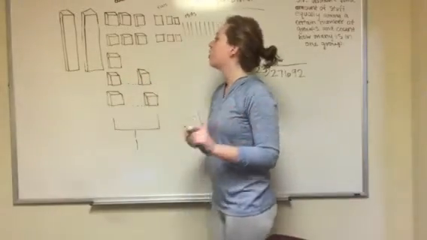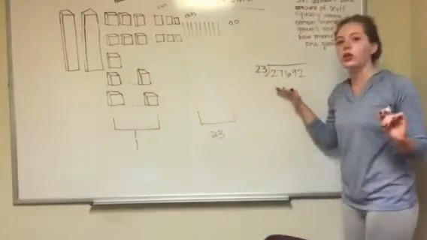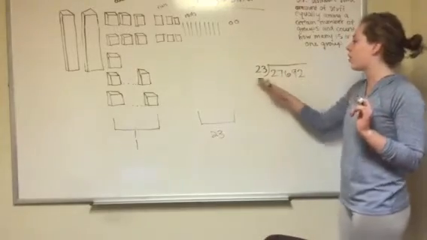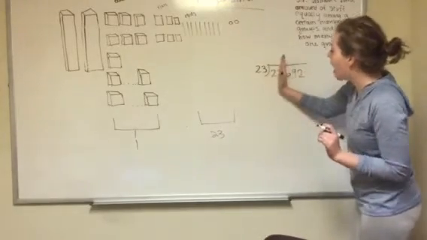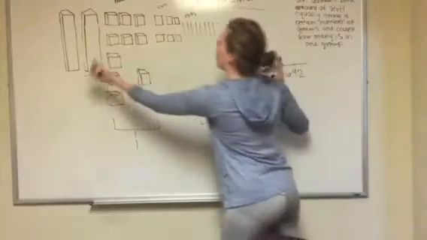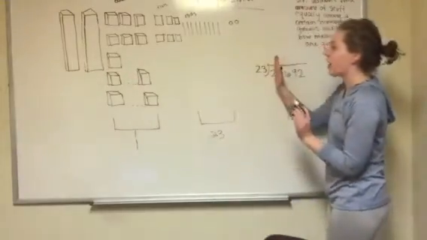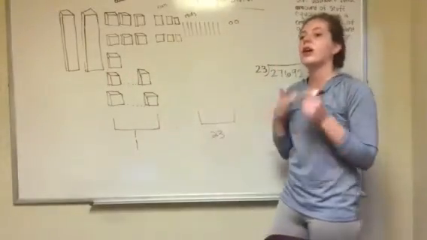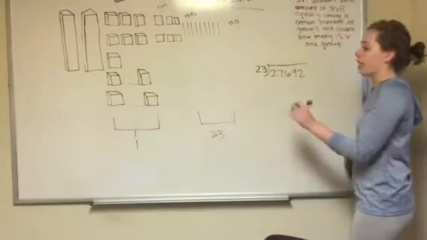That is from us breaking down our super rods. So we can go back here to our long division and say, okay, 23 did not go into our 2 place value, so we had to break it down to the next place value.